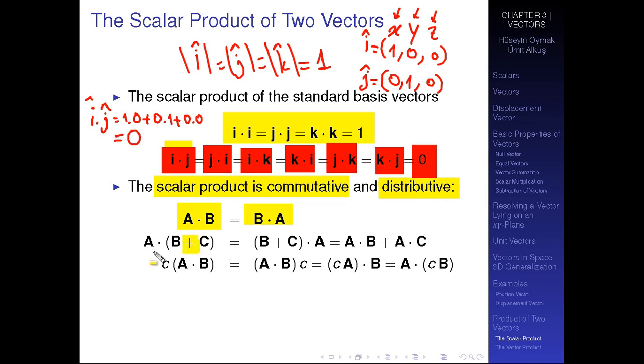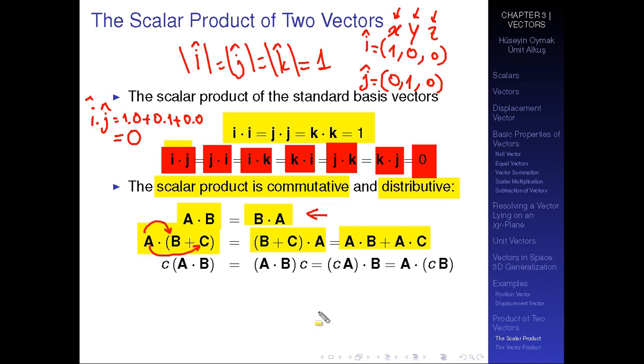That is, a dot (b plus c) equals a dot b plus a dot c. Because b plus c is another vector, using the commutative property of scalar product, we can also write that a dot (b plus c) equals (b plus c) dot a. That is, the order of scalar product is not important.